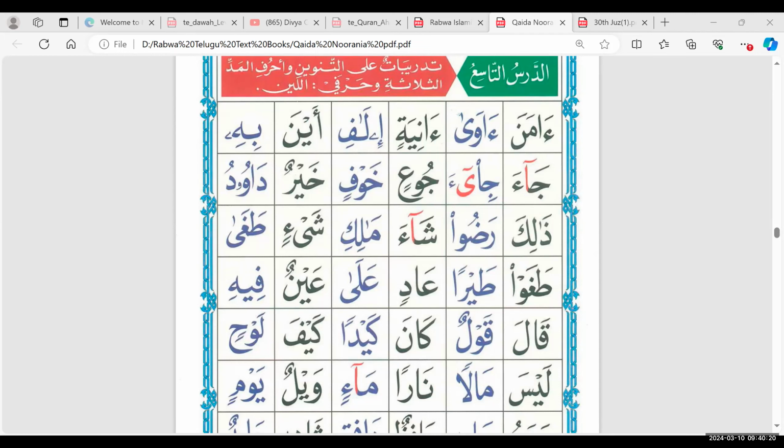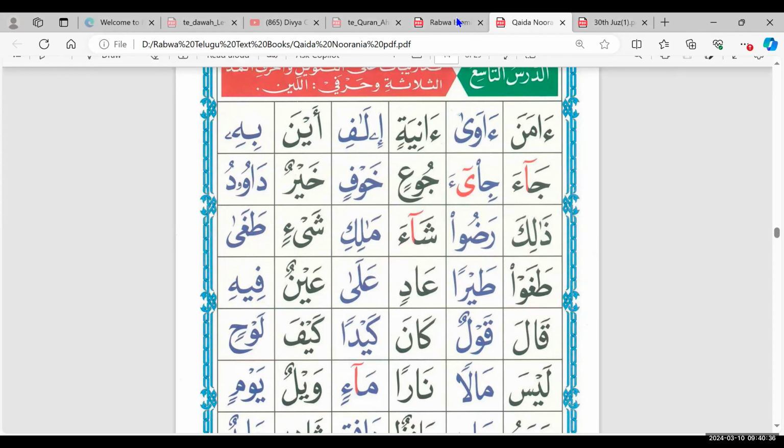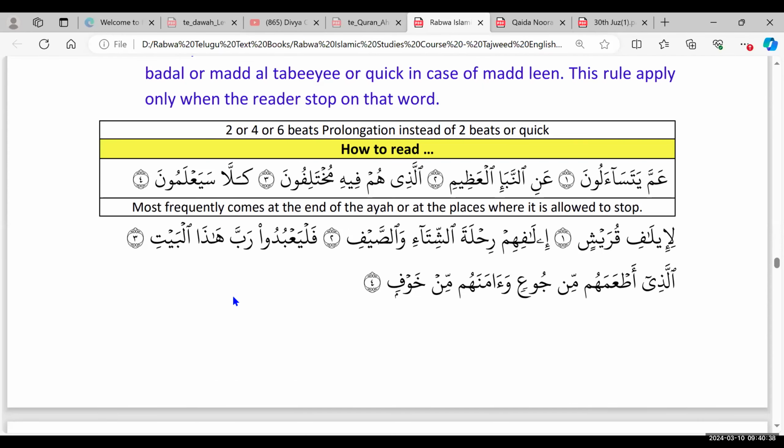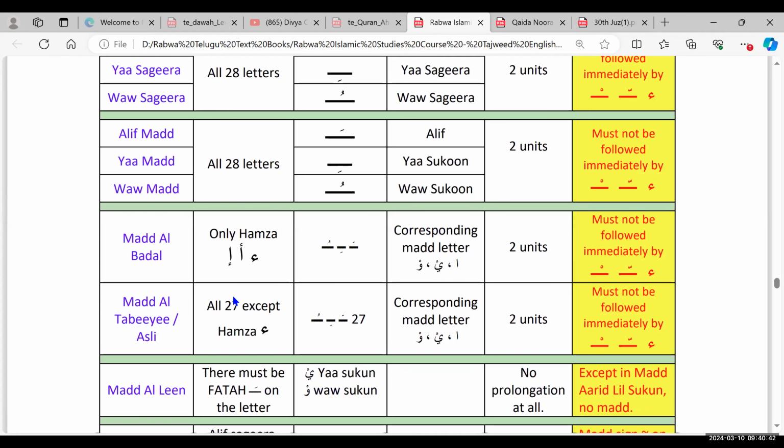Jazakumullah khair, Ustad. Please follow the Tajweed rule names. Maybe you will find something difficult to remember in the Tajweed rules, but I suggest you go step by step, you have plenty of time now. You can write down on paper, whichever is convenient to you.